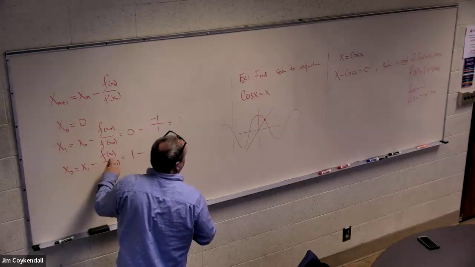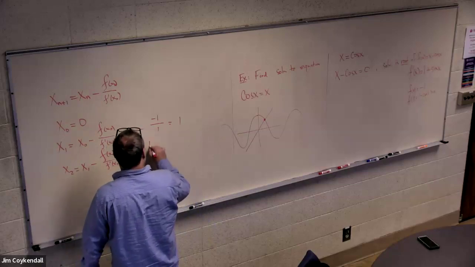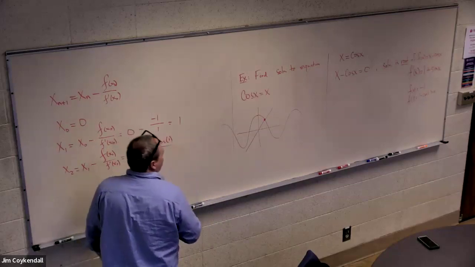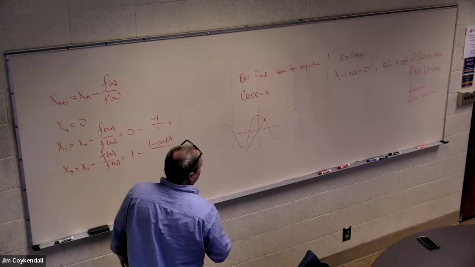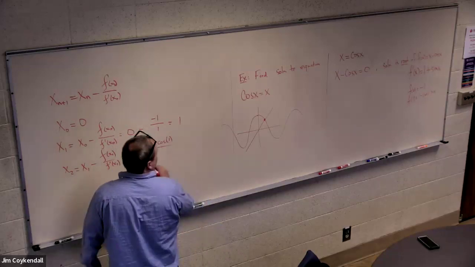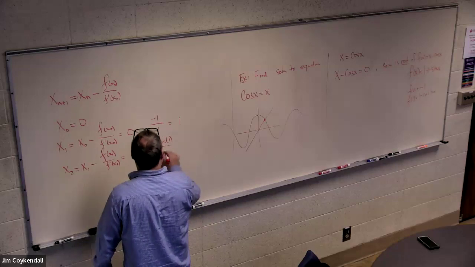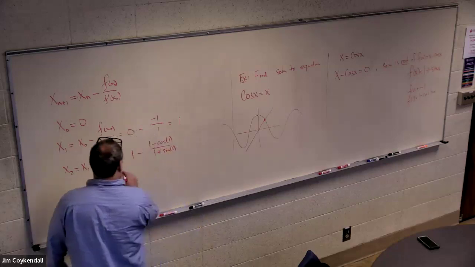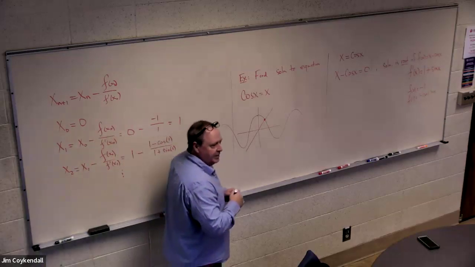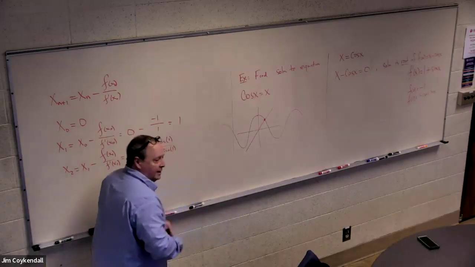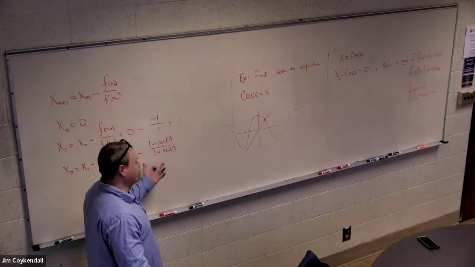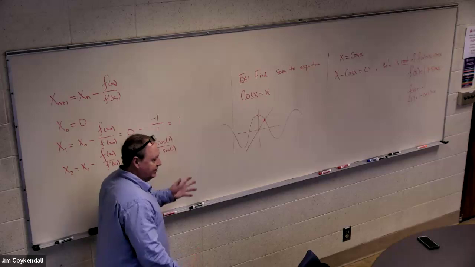So in our case, it's going to be 1 minus cosine 1 over f prime of 1, which is 1 plus sine 1. And that's good enough for us. But like I said, programming a computer to do this is incredibly easy, right? Because it's numbers.